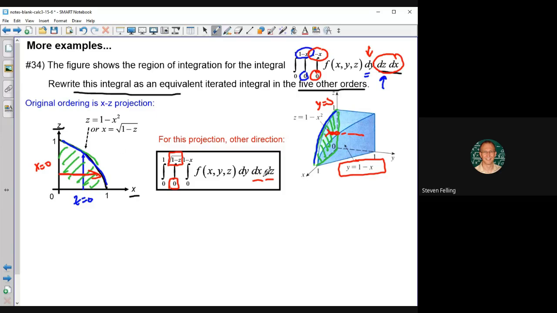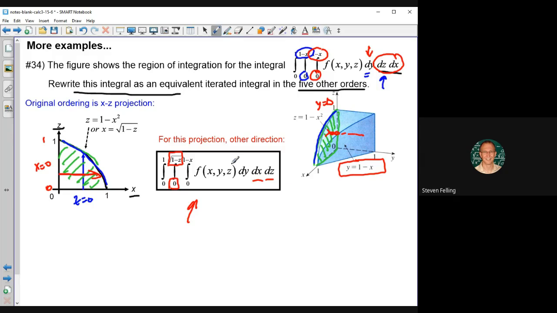And then to cover in the z direction, you would go from 0 to 1. On the inside, it'd be the same thing. We just reverse these, but you're still going in the y direction. So you're still going from y equals 0 here and hitting your head at y equals 1 minus x. So this would be the second ordering that just reverses the outer two, but keeps y as the inside direction.